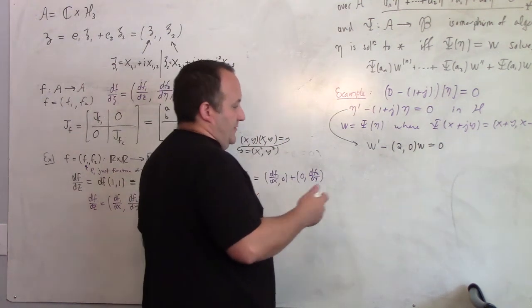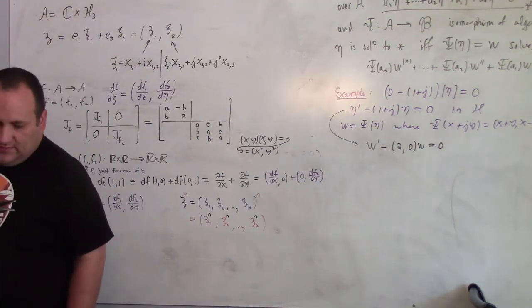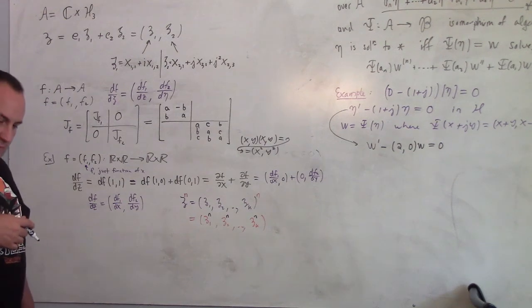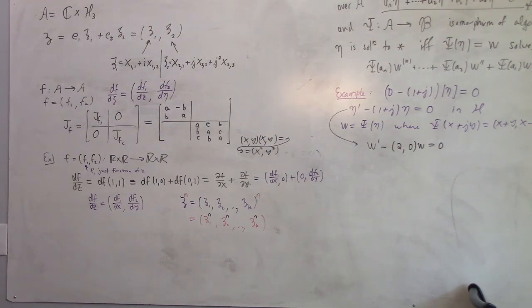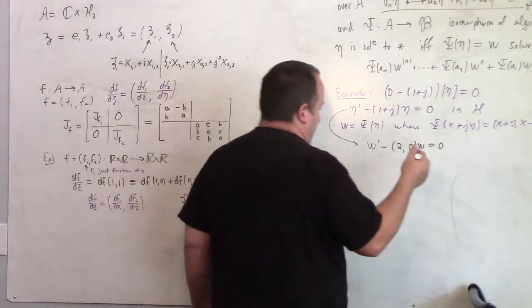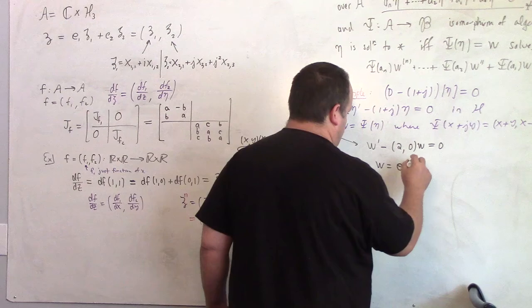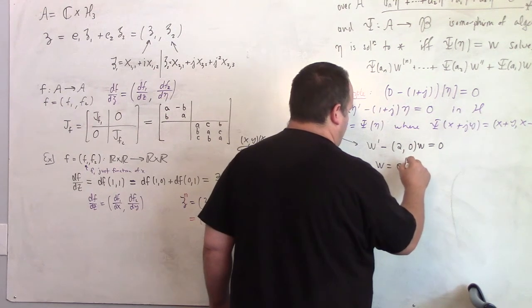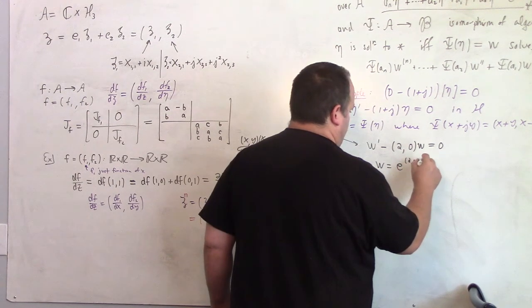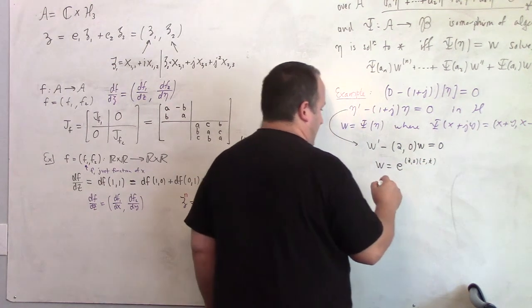Now, we can solve that any number of ways, I suppose. One nice way is that W is equal to e to the 2 comma 0 times s comma t, times a constant.